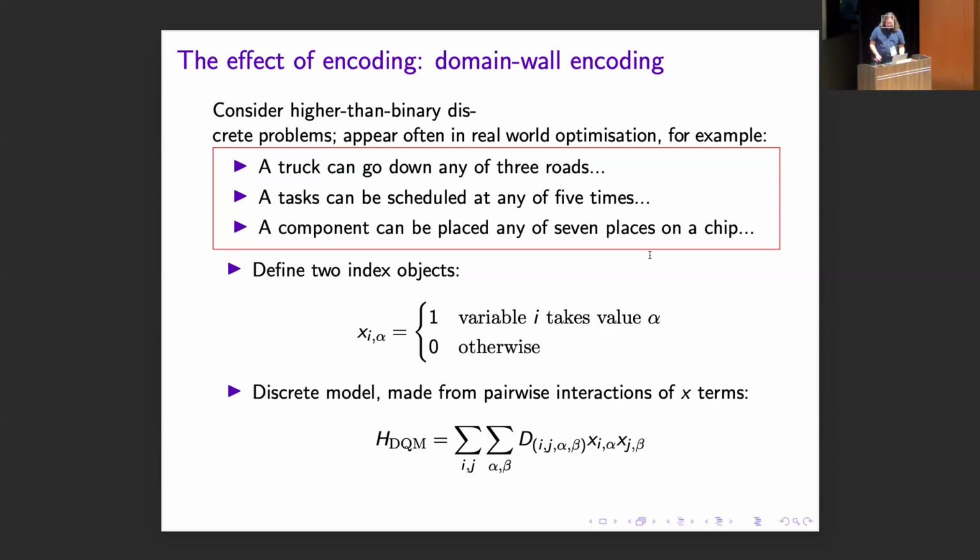So one example of this is domain wall encoding. I'm very excited to hear the next talk, which is someone doing some experiments on this. But basically, if you have higher than binary discrete variables, you can define a 2-index object that basically takes value 1 if the variable takes value A and 0 otherwise. And then we can make a discrete model of pairwise interactions between these terms.